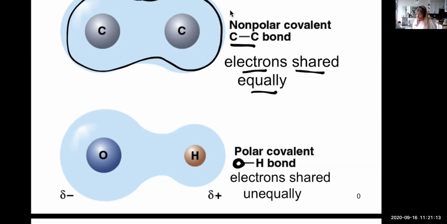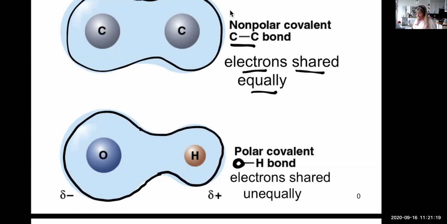And so therefore, the electrons spend more time around the oxygen atom than they do around the hydrogen atom. So that makes the oxygen end a little more negatively charged and the hydrogen end a little bit more positively charged. That is called a polar condition.